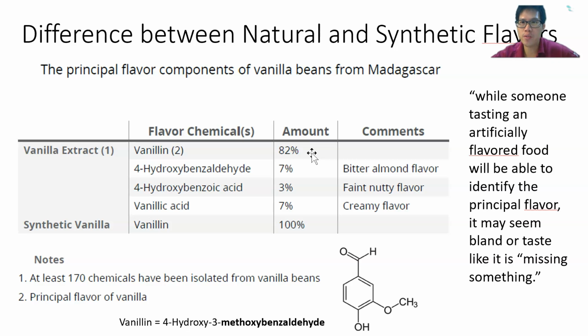There's a saying that someone tasting an artificially flavored food will be able to identify the principal flavor, which is vanilla, because of the presence of vanillin, but it may seem bland or taste like something is missing.